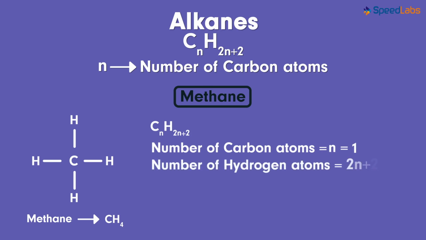It's 2 times n plus 2. On solving it further, we get the answer as 4. It's the number of hydrogen atoms. So in methane, we have 1 carbon atom and 4 hydrogen atoms. Does that give us CH4? That's correct. That is the formula for methane. The formula worked fine for methane.